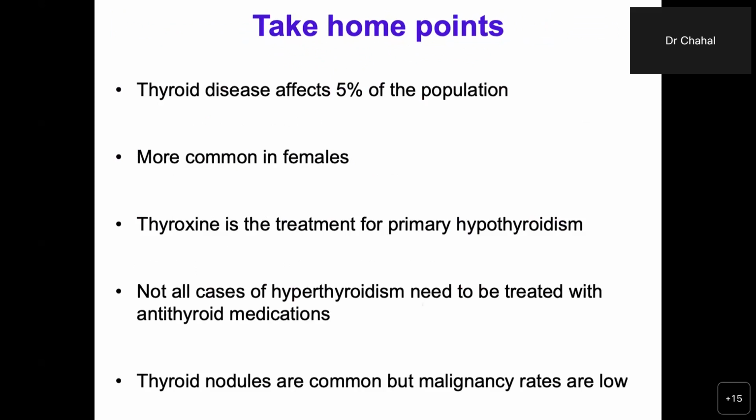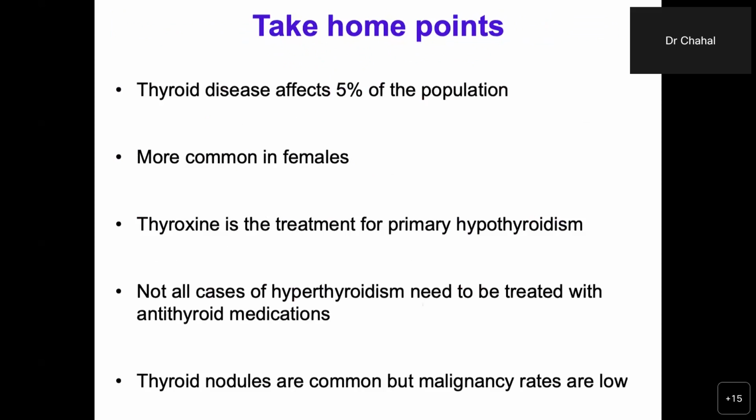So that's a whiz through thyroid medicine. Hopefully, I've illustrated that 5% of the population will have some form of thyroid disease, be it overactive, underactive, or nodular thyroid. Thyroid problems are more common in females than in males.